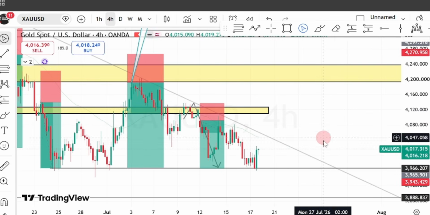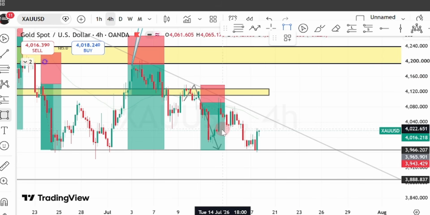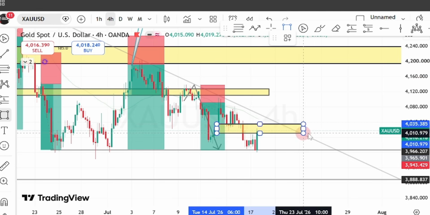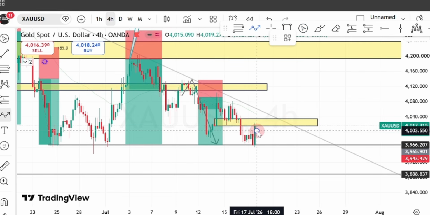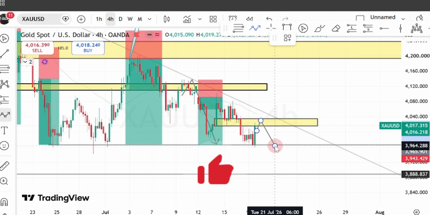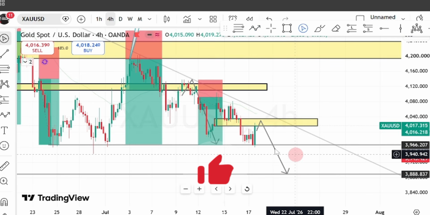So what I may see price do, I'm going to mark out a little zone like so in here. What we'll be looking forward to for price to do next week is to bounce off the areas of 4030 to the downside, first level, which is 3964, and we can go all the way to 3891 to the downside.